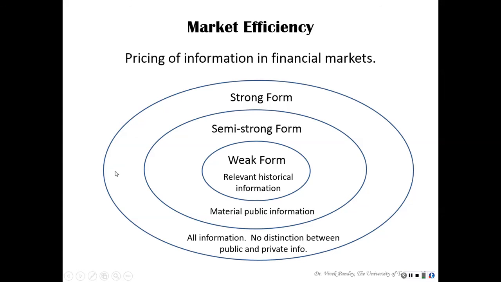But that is, of course, an ideal that some people hope for, but we are not going to see, because companies are competing with other companies, and as such, they want to have some edge, right? There's always going to be private information available. So we'll probably never reach the strong form efficiency standard.